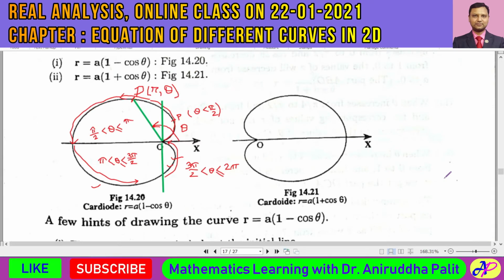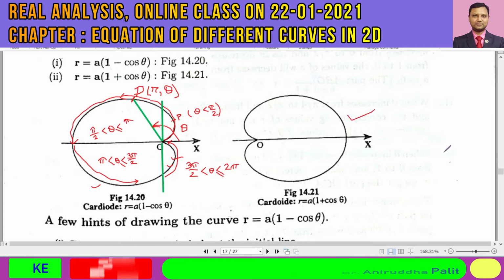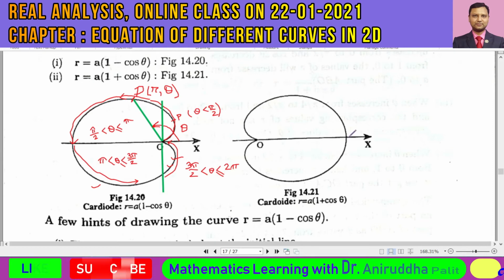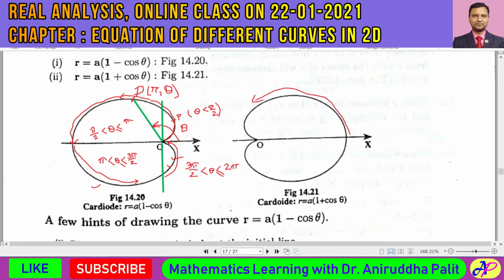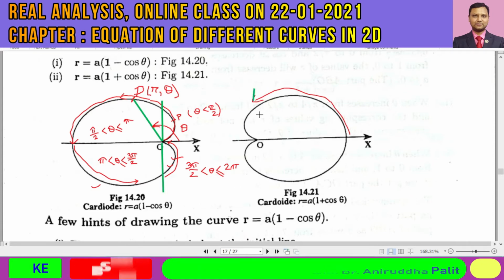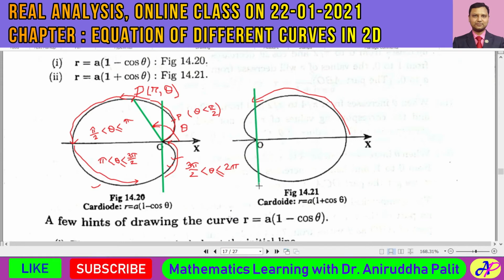And similarly, in this cycloid as well, in this zone, whenever P increases up to this much, making an angle of 90 degrees, theta would vary from 0 to pi by 2.